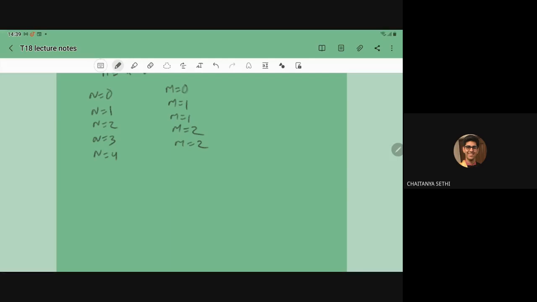So if you want M equal to m, when is it possible? N should be either 2m or 2m minus 1, for m greater than or equal to 1.